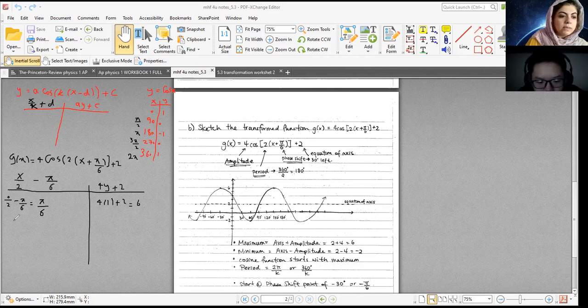Next one is pi over 2. Pi over 2 divided by 2 is pi over 4. Pi over 4 minus pi over 6 is 2 pi over 12, which is pi over 6.